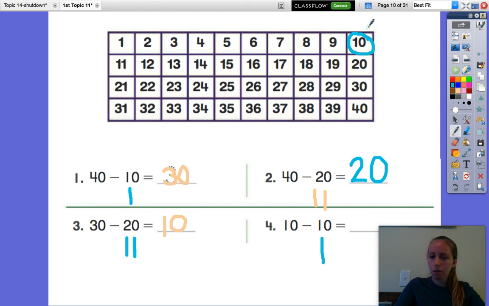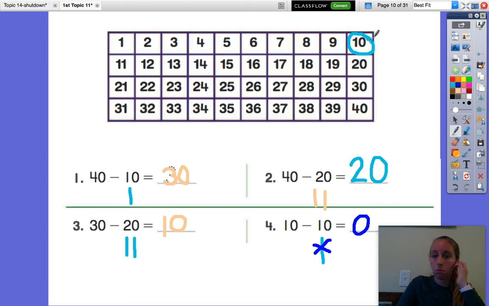If I started with 10 and then I take away 10, we can use the strategy from yesterday. Take away 10, what am I left with? Started with 10, and we're taking away 10, one group of 10, right? And take away one group of 10, what am I left with? I'm left with 0.